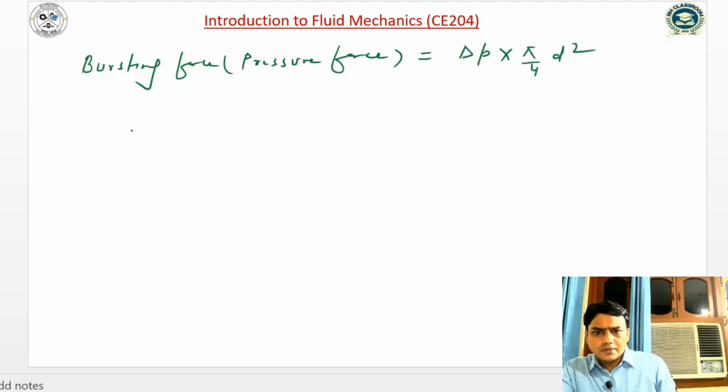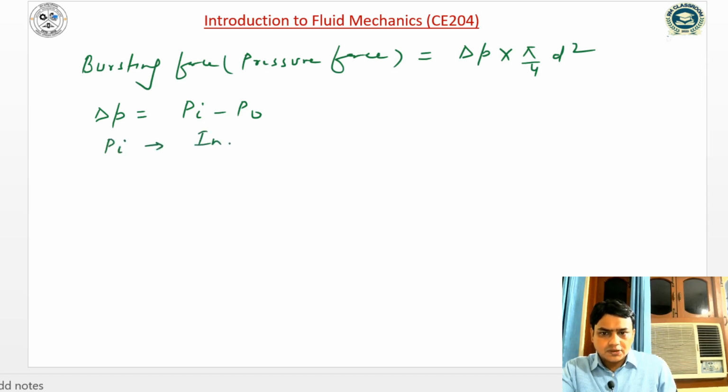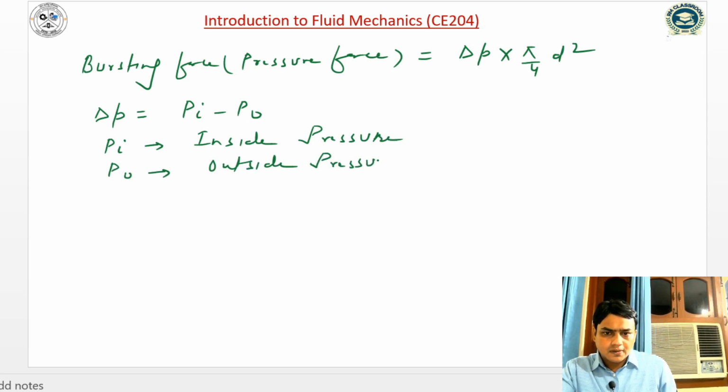Here delta P is equal to Pi minus P naught: pressure inside minus pressure outside, and d is the diameter of the water droplet. Here Pi is the inside pressure and P naught is the outside pressure.